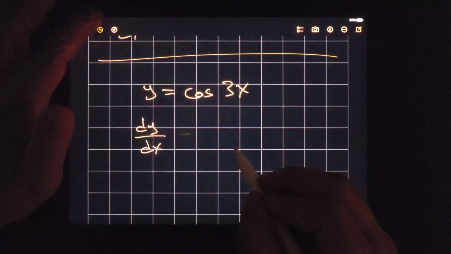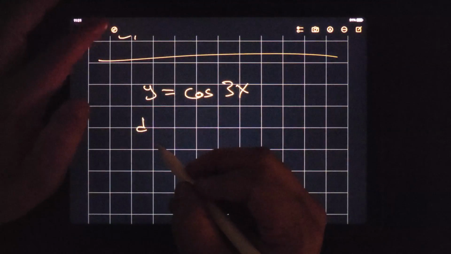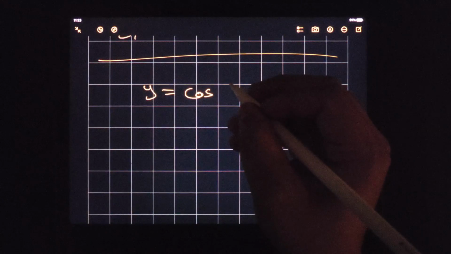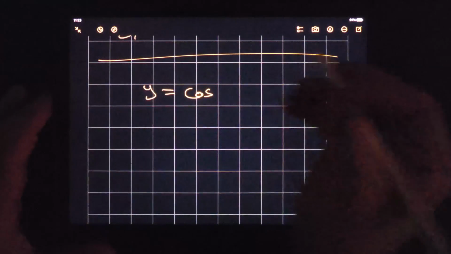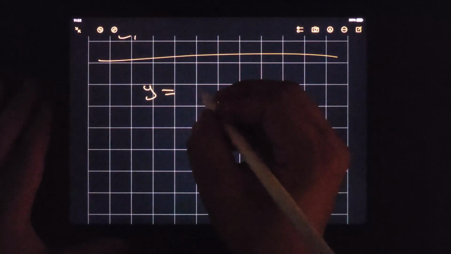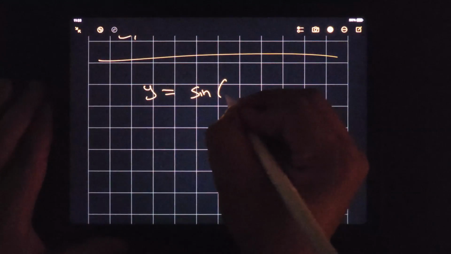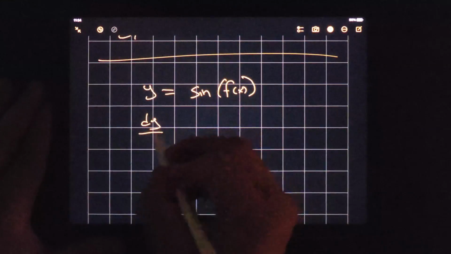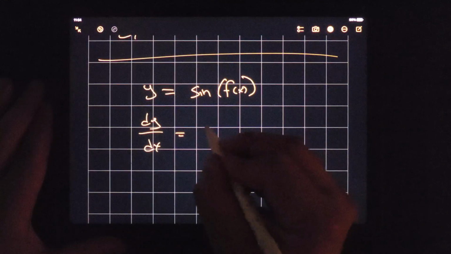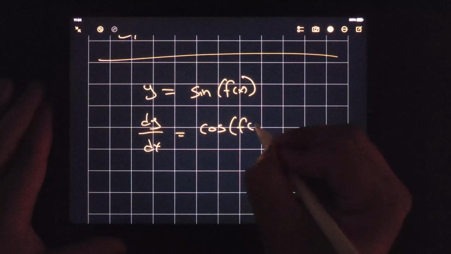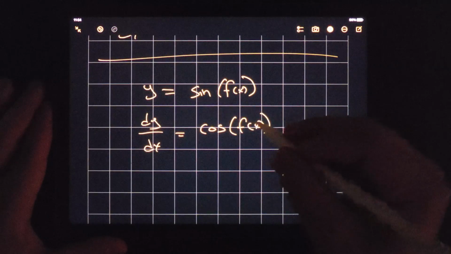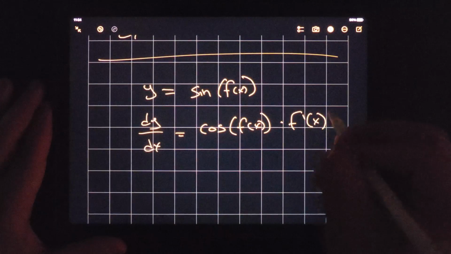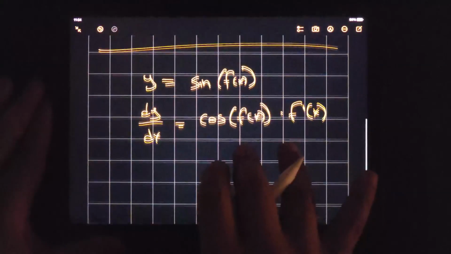Actually, this may be easier if I explain it like this. If you have y equals sine of a function of any kind, then the derivative of that is going to be cos f of x, or whatever was in there, times the derivative of whatever is in that function.